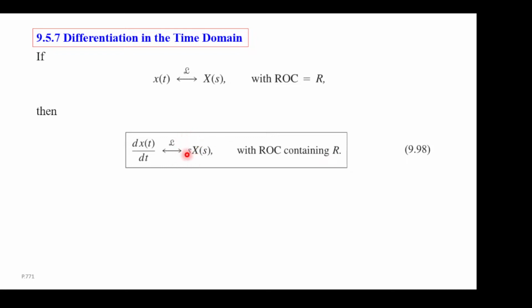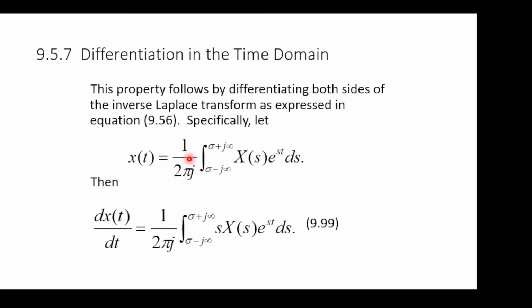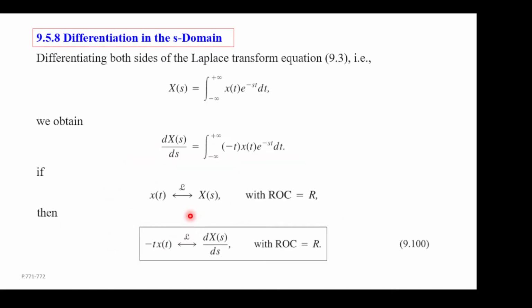S is 0 at 0, so if your big X has a pole at s equal to 0, then you can cancel it with this s. For the derivation, just like before, you use the synthesis equation and differentiate on both sides, and you get this sX(s).